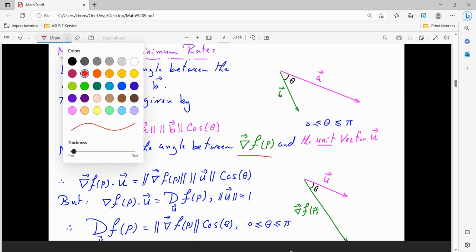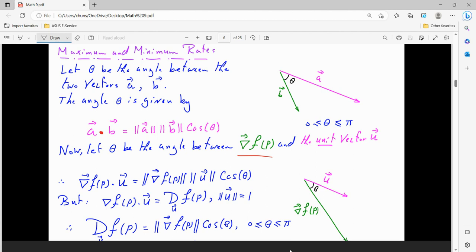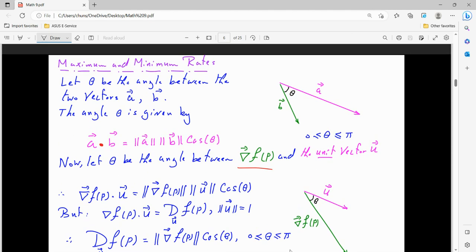So if we want to find the maximum rate, the unit vector that we would use to define that is u equals positive gradient f over the magnitude of that value, where the magnitude equals the rate, so maximum rate, right?